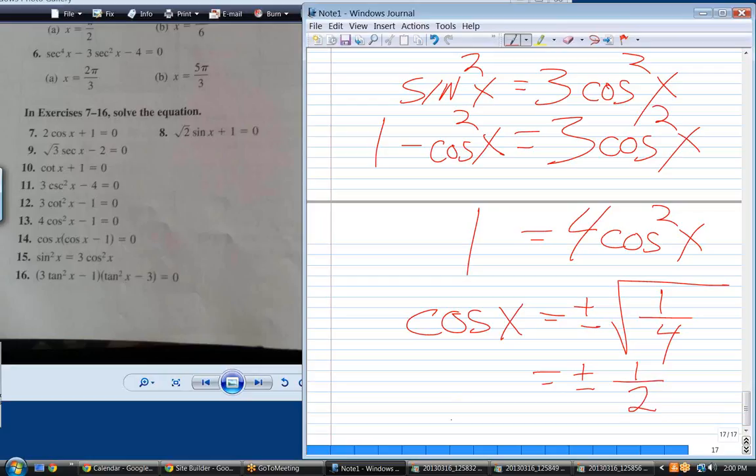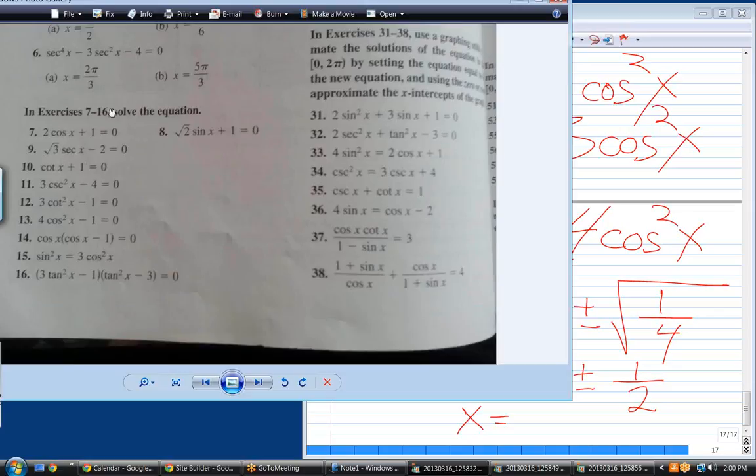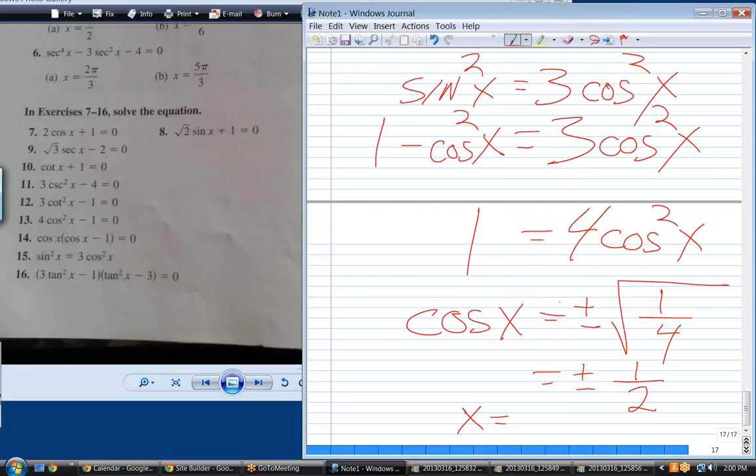So we need all of the angles where cosine is equal to plus 1/2 and minus 1/2. And I think we did this exact problem. No, that was sine. Nonetheless, this should be relatively easy.